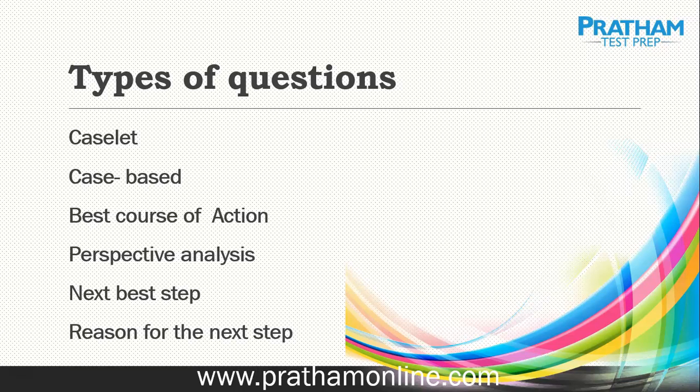There is a very important point here that we need to understand: even if all the answer choices may not be correct, still one of them would be better than the remaining. That means I may not find a perfect answer, but I may find an answer which is better than the remaining answer choices.